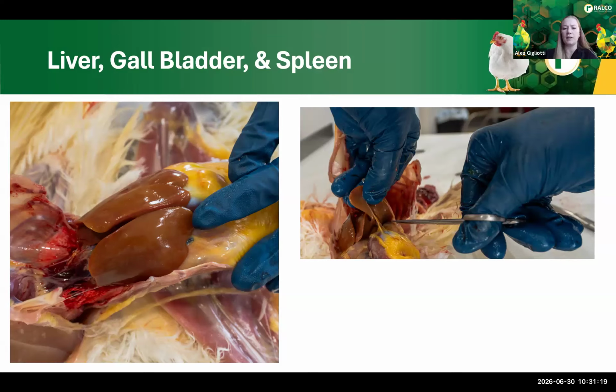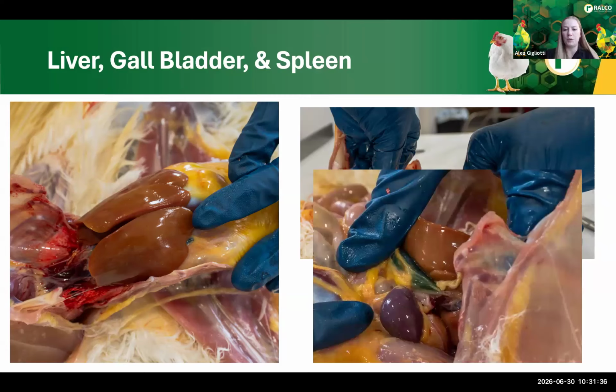So looking at the liver itself, you want to see a very deep red, homogeneous in color, free of any spots, lesions, yellowing, or any type of necrosis. And then similarly, the gallbladder, which you can see in this picture, and also the spleen. That gallbladder should be full of a green liquid.